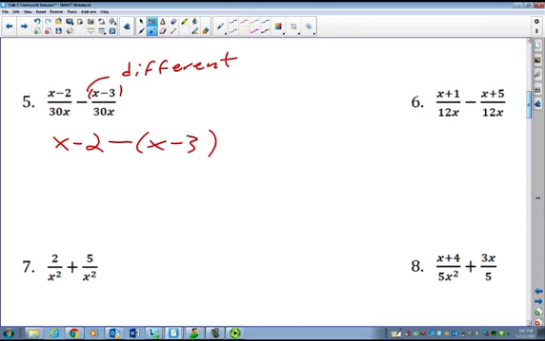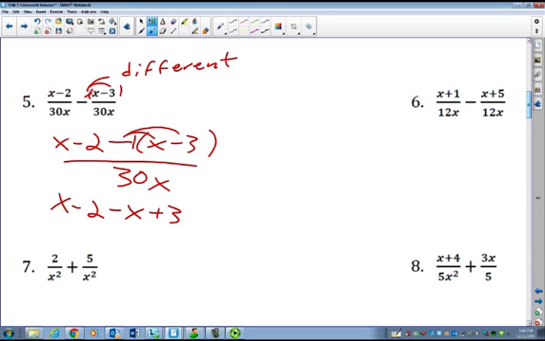Because that subtraction is to mean subtract x as well as subtract the negative 3. So we're going to have to put it all over the same denominator, 30x. So we're actually going to have to take that negative, it's an invisible negative 1, and distribute it through. So we get x minus 2 minus x, because that changes the sign to minus, and then a plus 3, because negative times a negative is a positive.